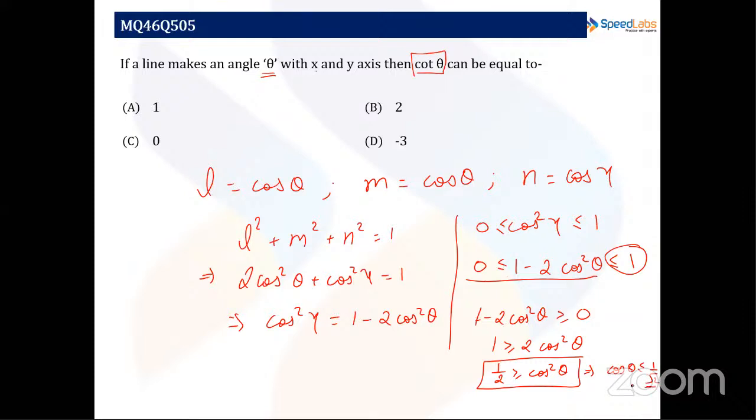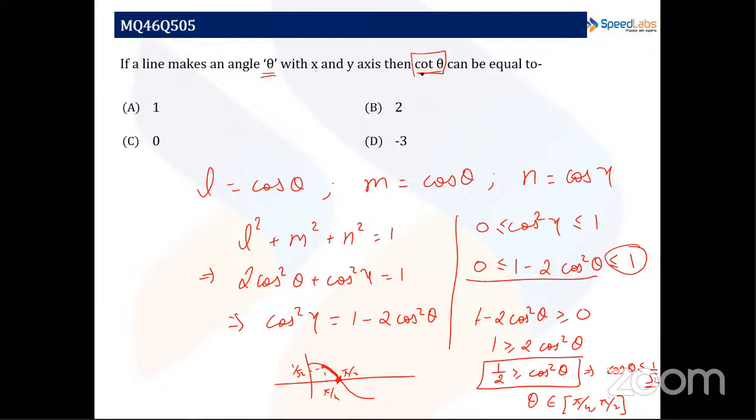If cos theta is less than or equal to 1 by root 2, this means that the angle will lie from pi by 4 to pi by 2. Because the graph of cos theta is like this, at pi by 4 its value is 1 by root 2, and from pi by 4 to pi by 2 its value goes from 1 by root 2 to 0, or we can say that the value is less than 1 by root 2.